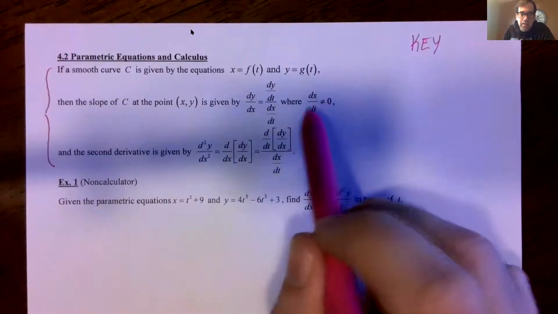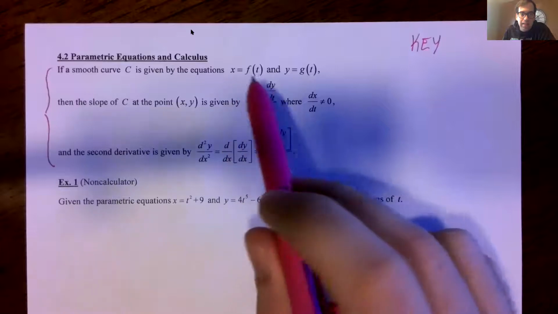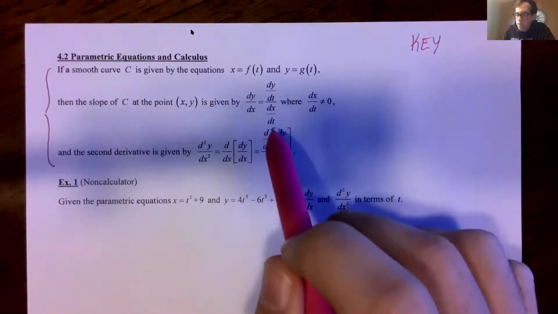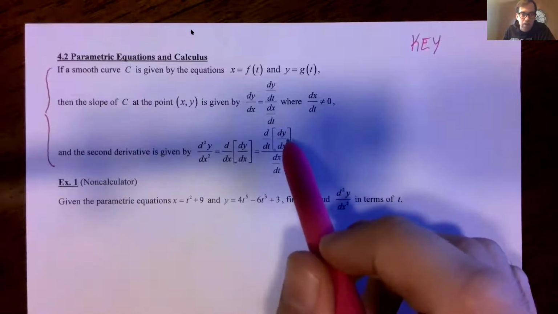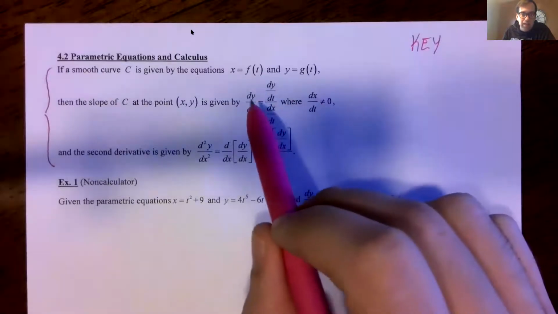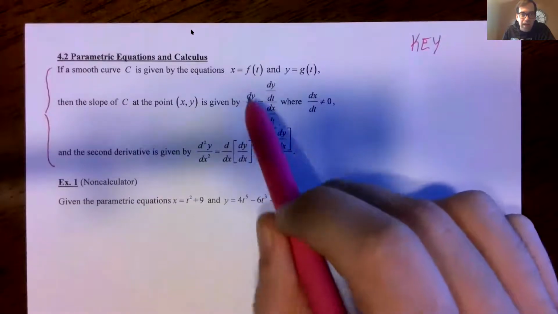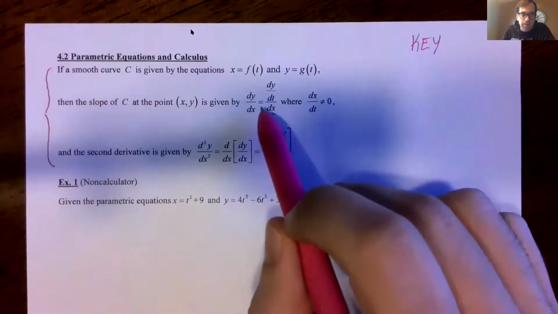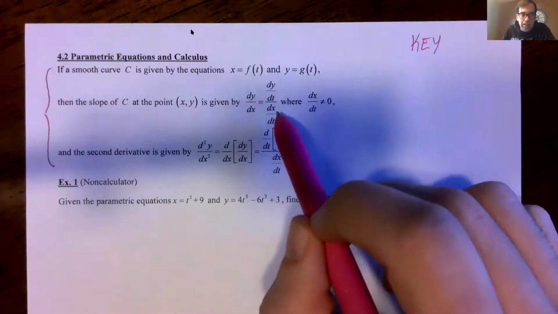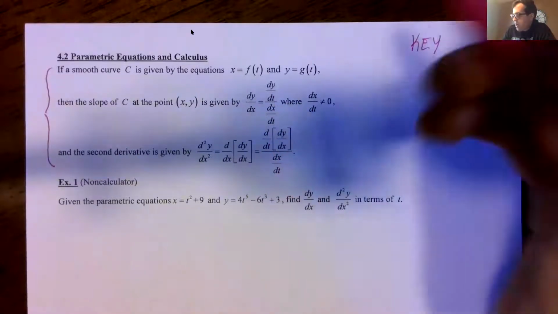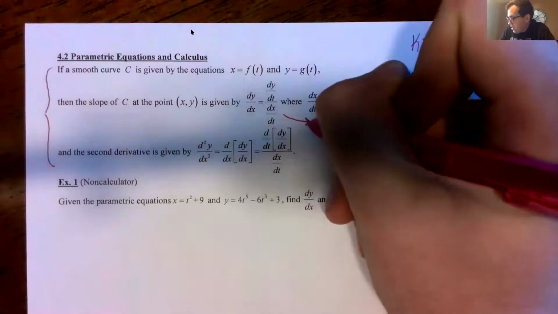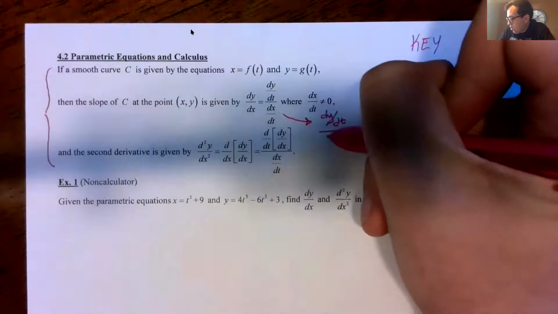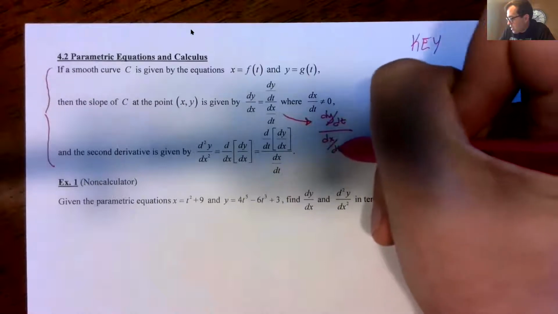dx/dt is not equal to 0. That makes sense, at least algebraically, because we are dividing by dx/dt, so dx/dt can't be 0, or we would be dividing by 0. I also think it makes sense looking at this equation, dy/dx equals dy/dt over dx/dt.